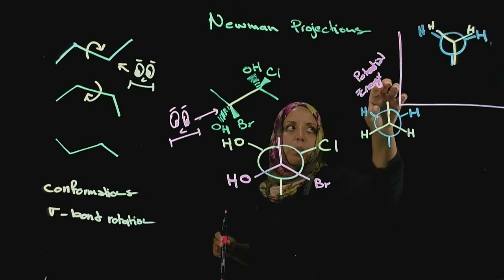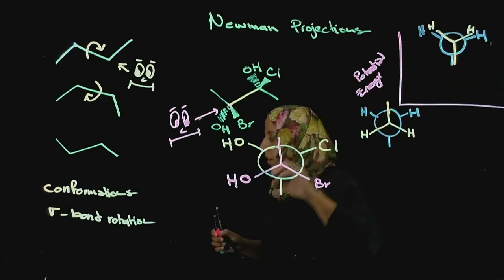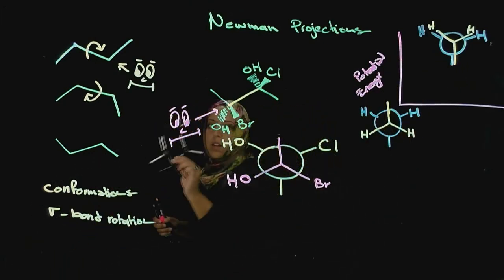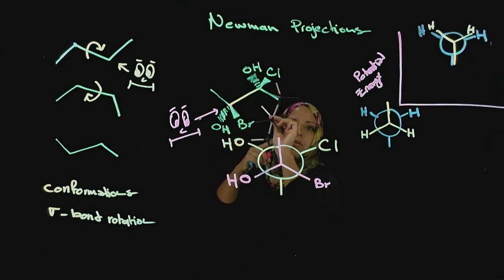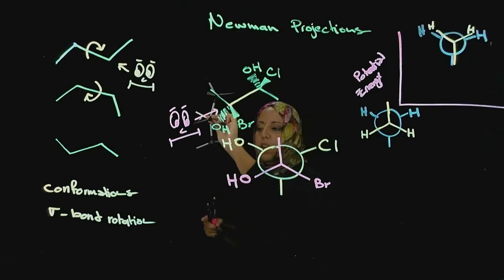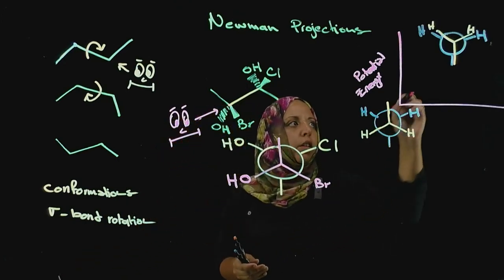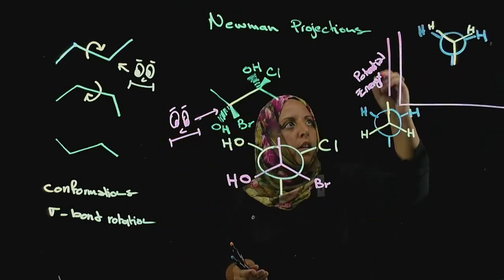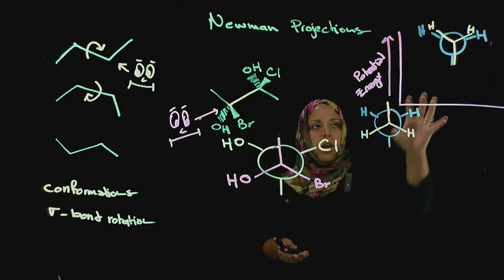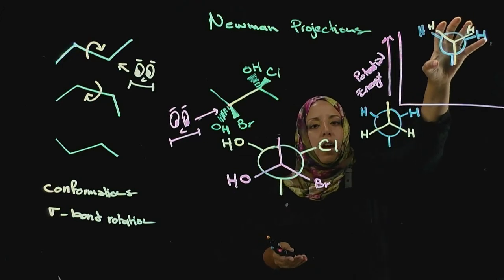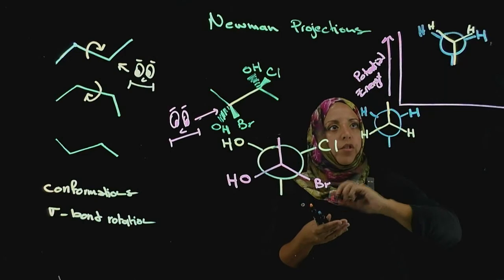Those 2 groups are bulky. Would they prefer to be on that same side, or could there be some steric clash or interaction between them? Or would they prefer to be as far apart as possible? So which one would you expect to have higher energy, when they're kind of overlapping? So potential energy increases. It makes this molecule slightly less stable, or higher in energy, right?